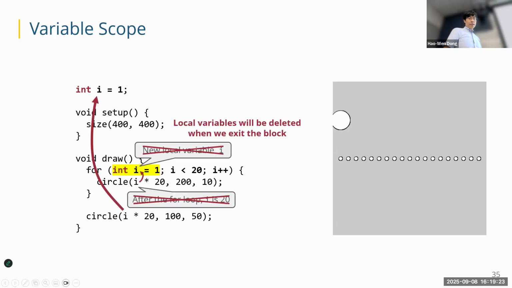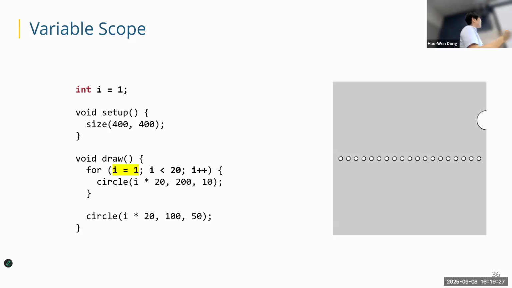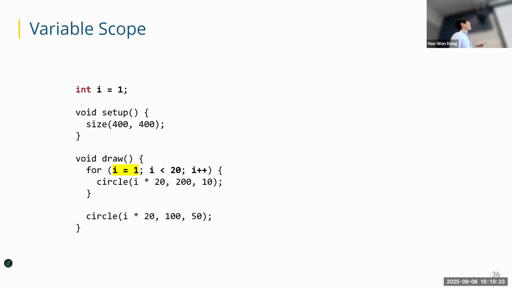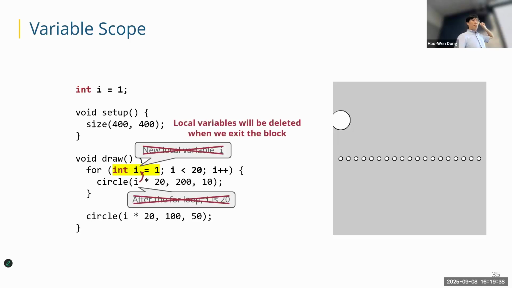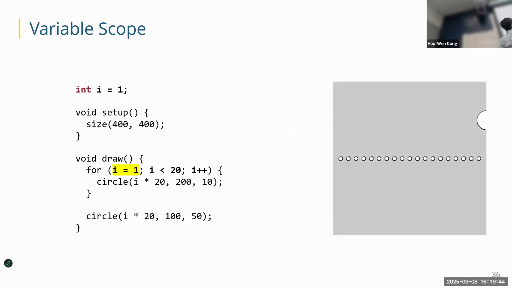I actually have another slide. Okay, so this makes it even more complex. So now, the difference between this and this is that here we have the integer. We are declaring a new variable, but now we are not declaring a new variable. So now this i, you are not getting a new variable.